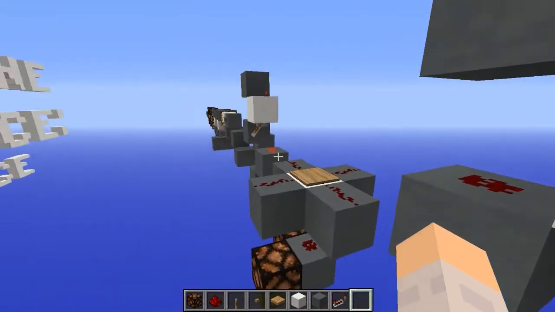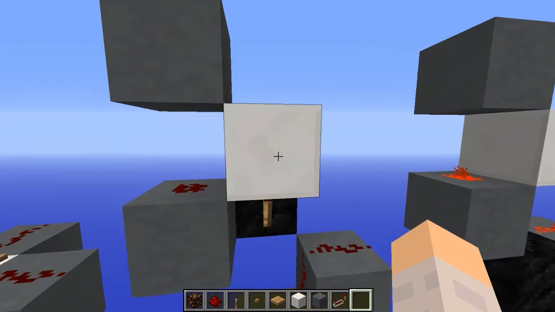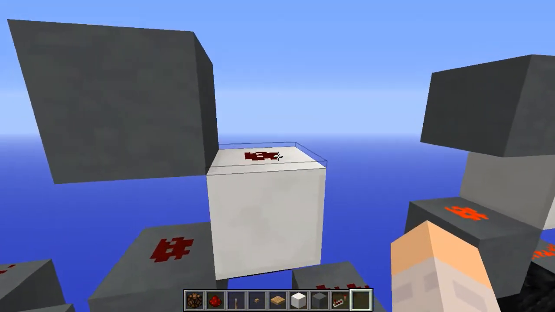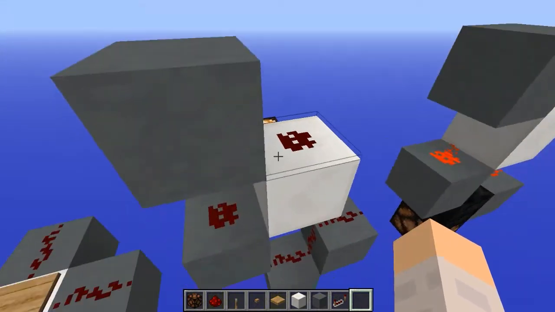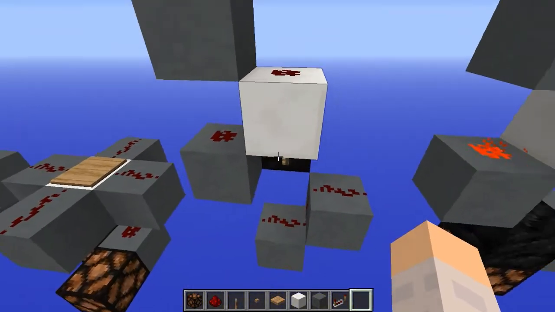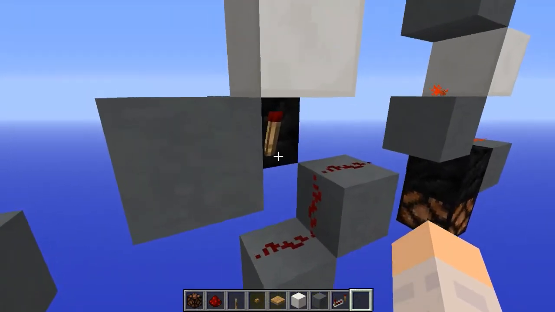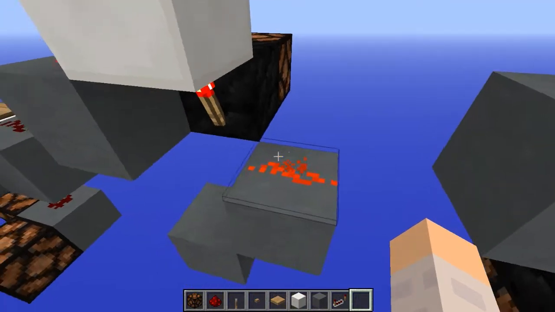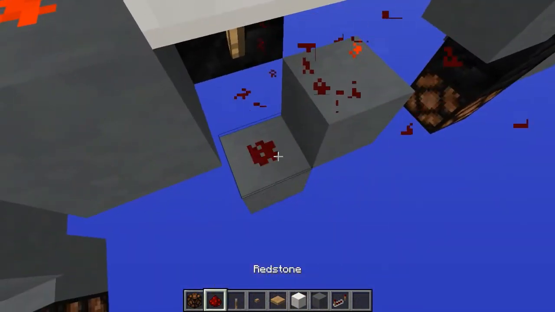Now, as before in the past examples, the block directly above a torch will turn into a source block. So once again, that will power redstone in any position adjacent to the block. And a torch, of course, will also power redstone directly adjacent to it.